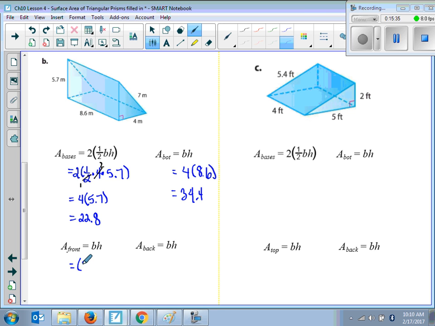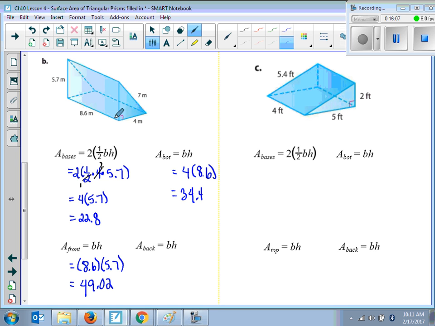So we've got 8.6 times 5.7. All right, so we have 49.02, and that's meters squared. And then we're going to look at this back rectangle. So that's going to be the base, which is going to be what?